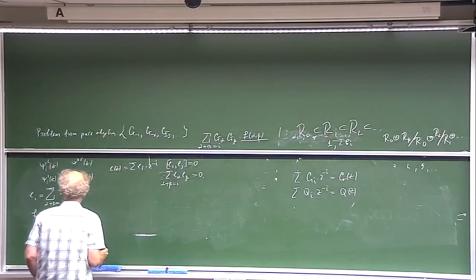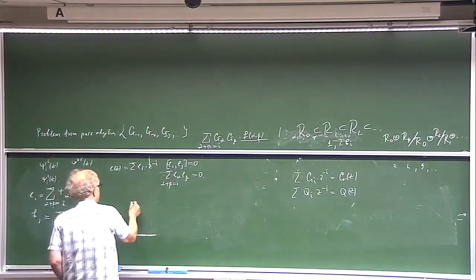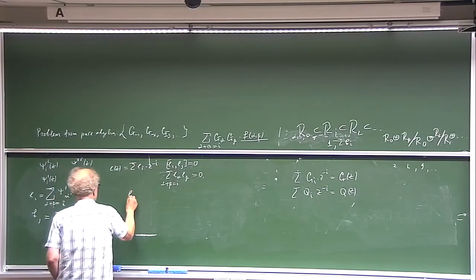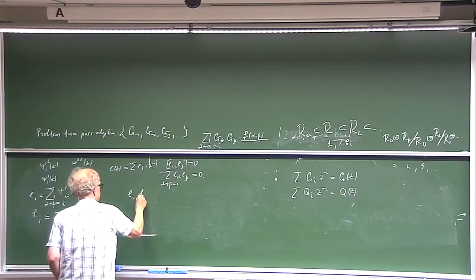But suppose we just have this, and our problem is again to calculate Ei Fj.